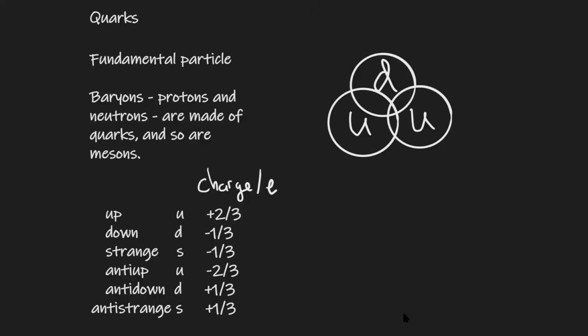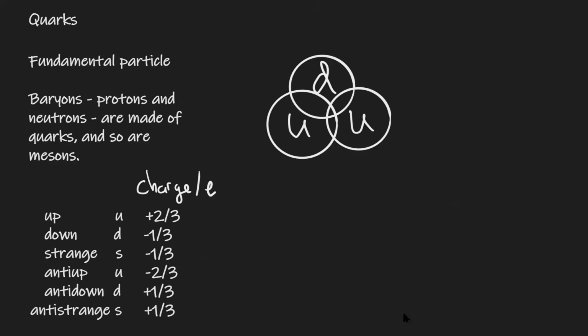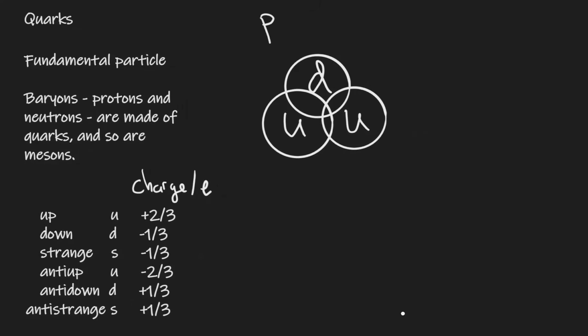Now, let me show you how the composition of, let's say, a proton, for instance, is made using the quarks. So this over here on the right-hand side is actually a proton. And a proton, as you can see, is just 2 U's and a D. And we can figure out the total charge. I'll just write the total charge on a proton.